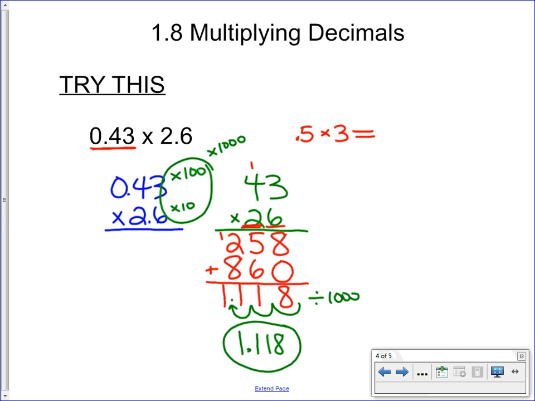If you think about what 1/2 of 3 is, it's 1.5. So if our answer is pretty close to 1.5, then it's very reasonable. And 1.118 is very close to 1.5, and therefore our answer is correct and very reasonable.